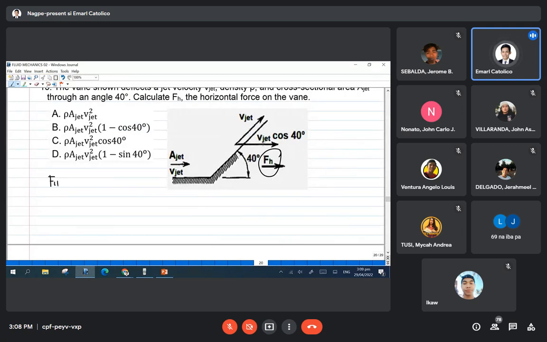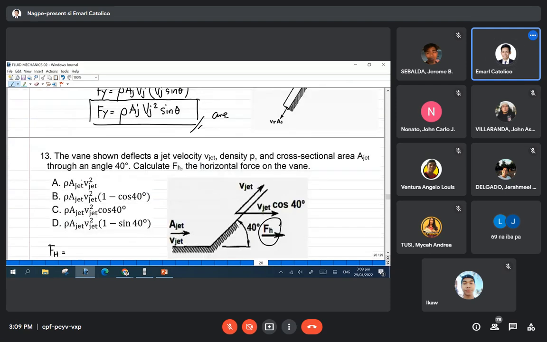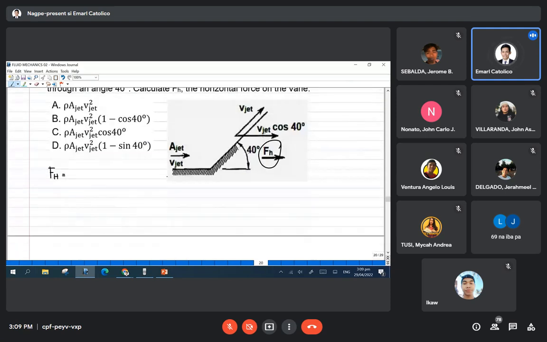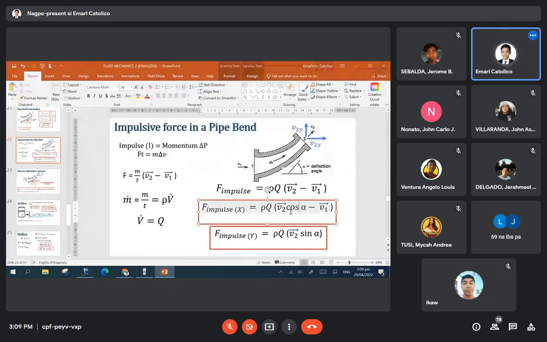let's say FH is equals to density times area ng jet times velocity ng jet multiplied by VJ minus VJ cosine. Angle natin 40. Ito siya.